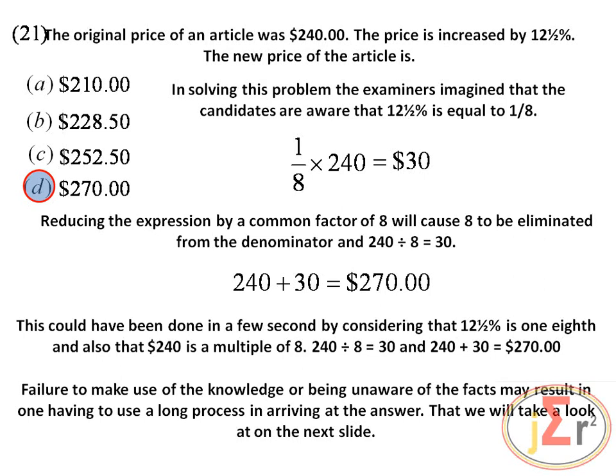So if we do not make use of the knowledge, or we are just unaware of the facts, we will see how long and lengthy the solution of the problem can actually turn out to be. Let us convert the mixed number percentage to an improper fraction. So we have the mixed number percentage, and we are going to convert that to an improper fraction.